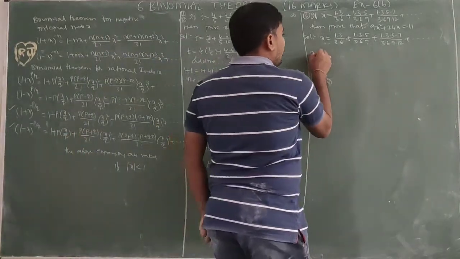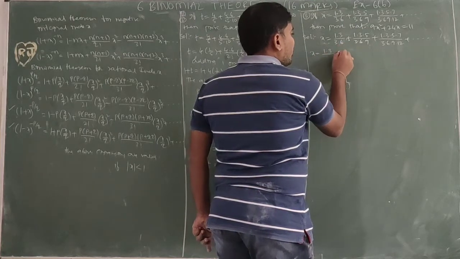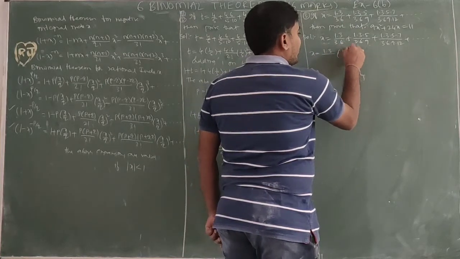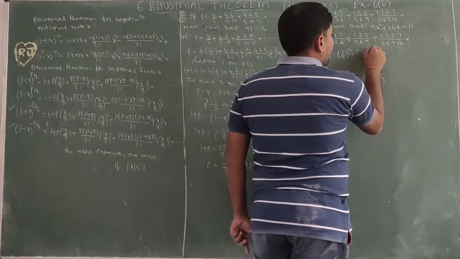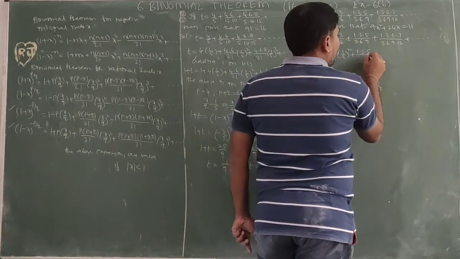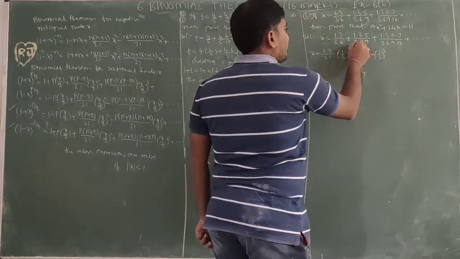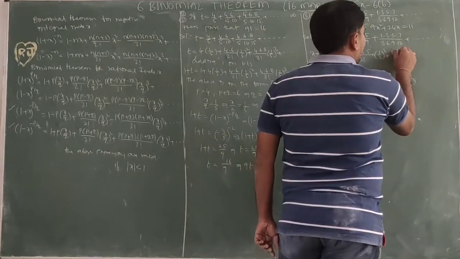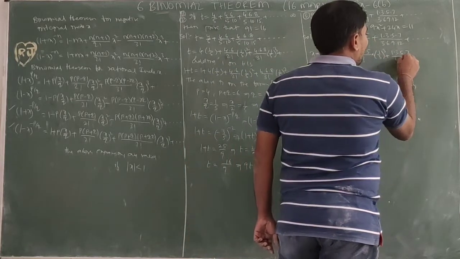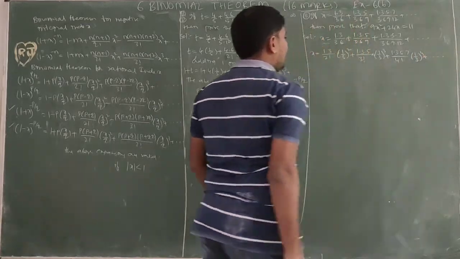So x equal to (1 into 3) by 2 factorial into (1 by 3) whole square, plus (1 into 3 into 5) by 3 factorial into (1 by 3) whole cube, plus (1 into 3 into 5 into 7) by 4 factorial into (1 by 3) whole power 4 plus up to so on.